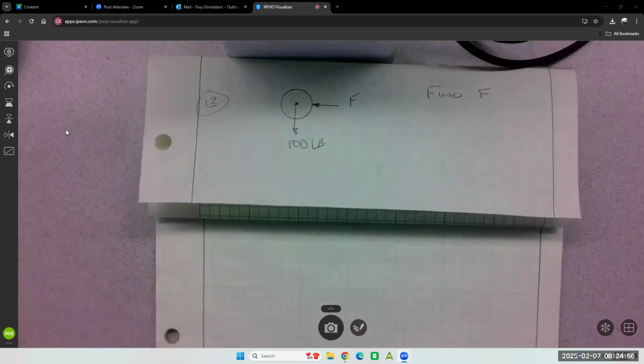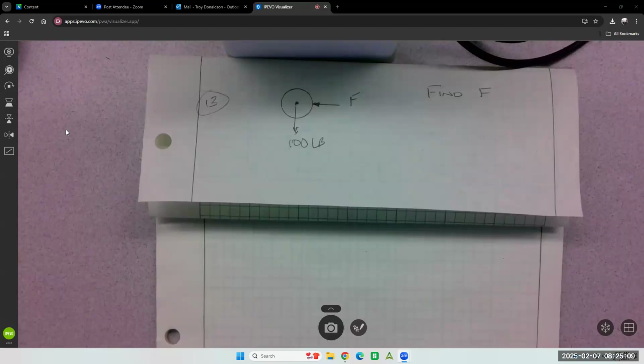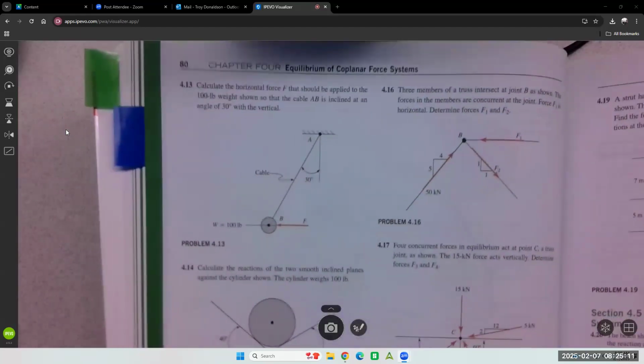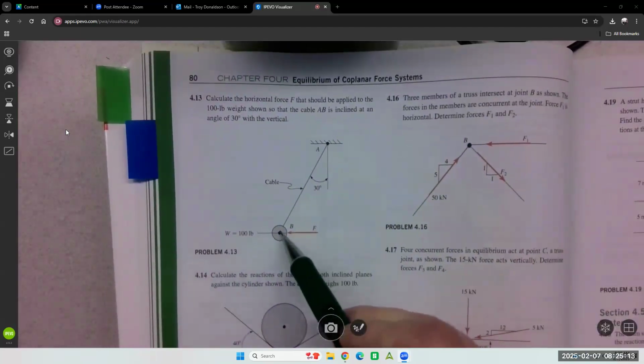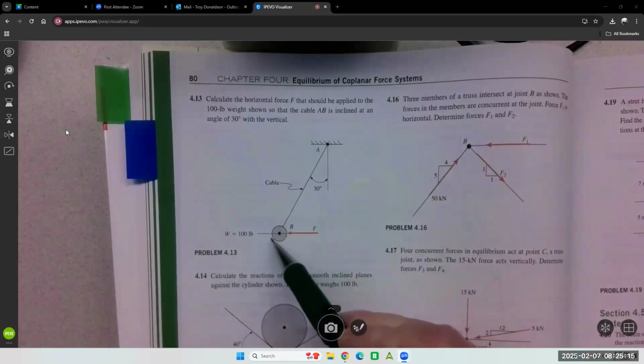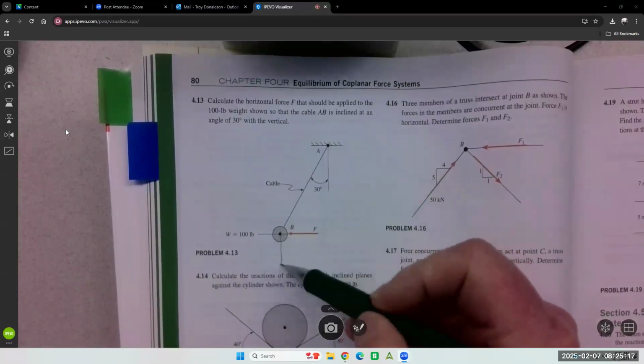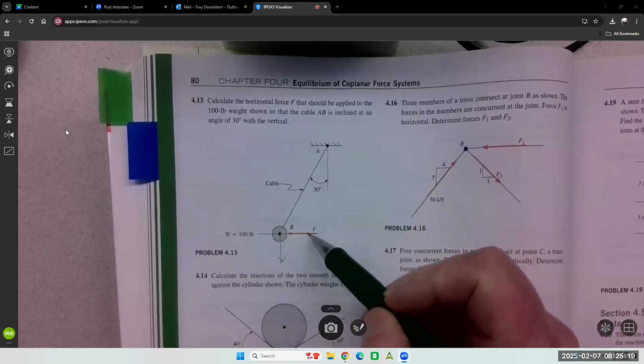You just have to start with the free body diagram, which I started. What am I missing on the free body diagram for number 13? I have the weight in. I have the force.